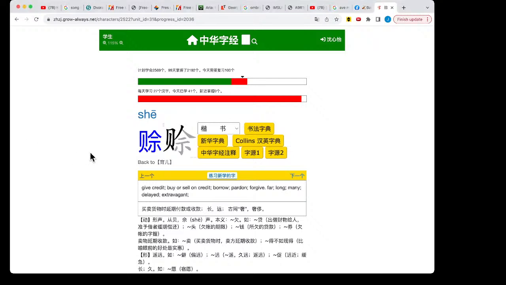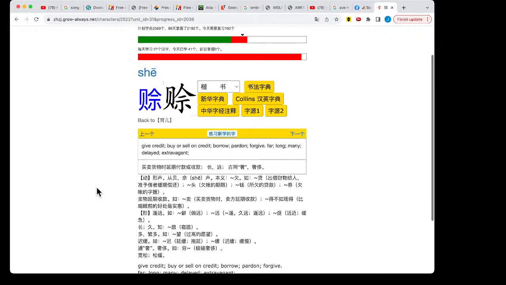赊 sure means give credit, or buy things or sell things on credit. Basically borrow something, borrow money, or buy things without actually paying, buying stuff on credit. Another meaning is just forgive or pardon.